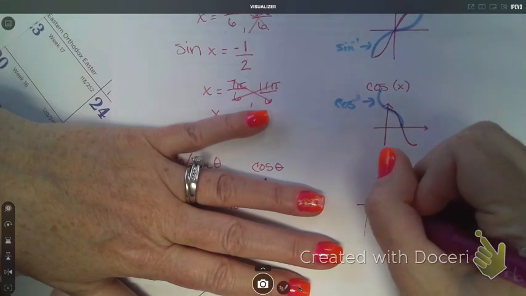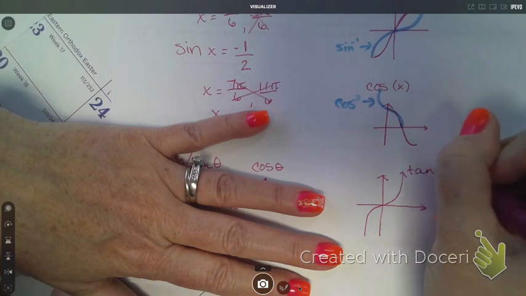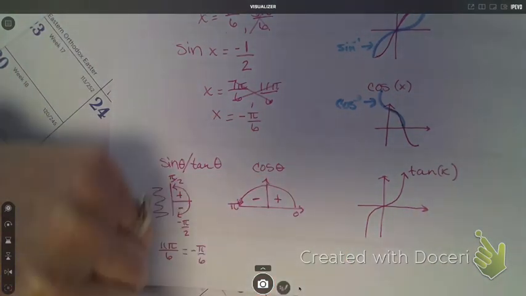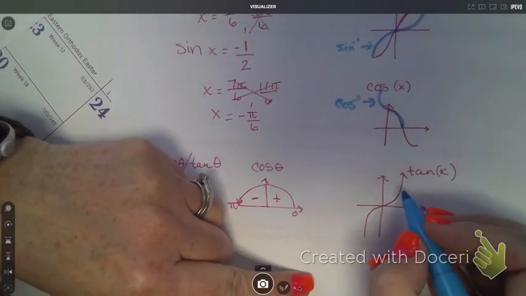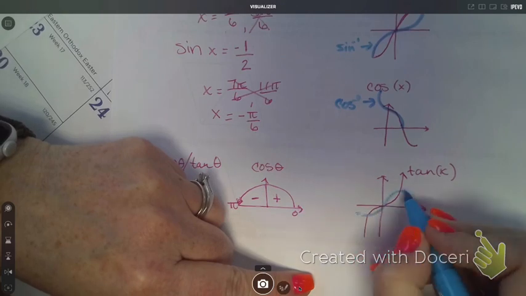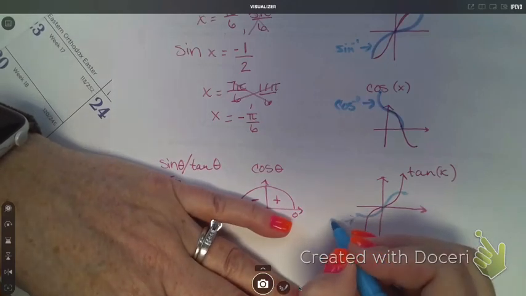Tangent looks like this. Not cotangent, inverse tangent.